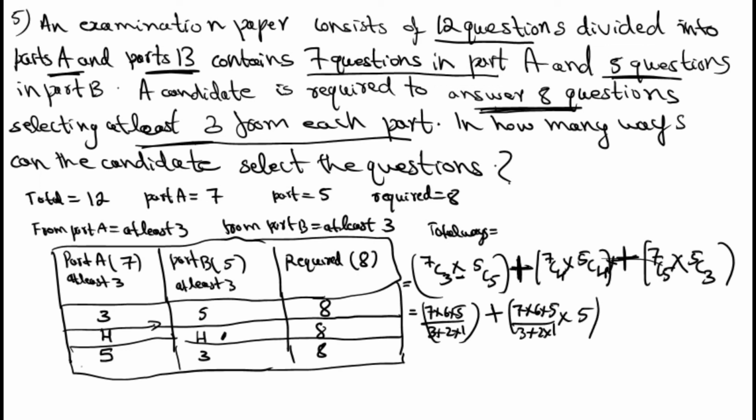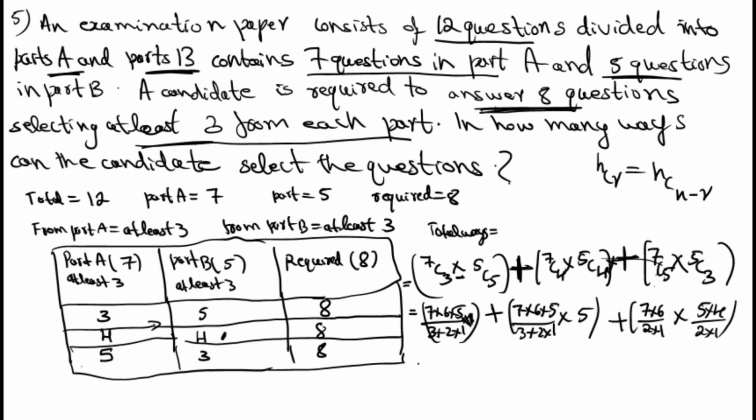Here 5C5 is there, that value is equal to 1. And plus 7C5 is equal to 7C2, right? Which formula? nCr is equal to nC(n minus r). So 7C5 is equal to 7C2, that is 7 into 6 by 2 into 1, into 5C3 equal to 5C2. 5C2 value is 5 into 4 by 2 into 1.